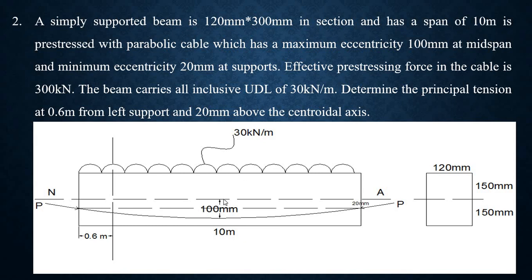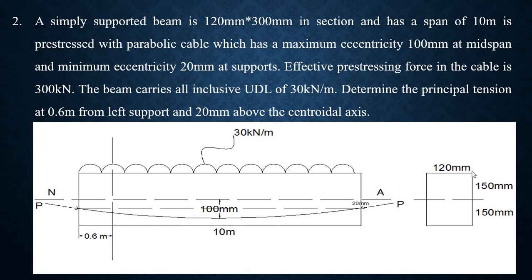So from the neutral axis up to the parabolic cable, the eccentricity at the center is 100 mm and minimum eccentricity is 20 mm at the supports. Here it is 20 mm, this side also it is 20 mm, but at the center it is 100 mm, which is starting from the neutral axis up to the parabola.